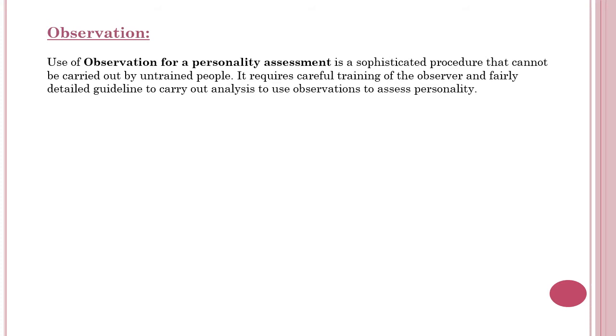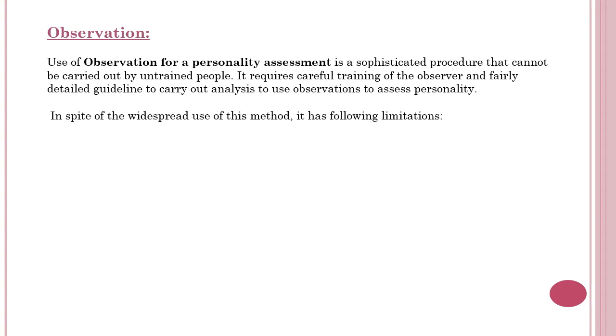Behavioral observation is another method which is very commonly used for the assessment of personality. Although all of us watch people and form impressions about their personality, use of observation for personality assessment requires training. It is not like the layman observing another person and then passing judgments.